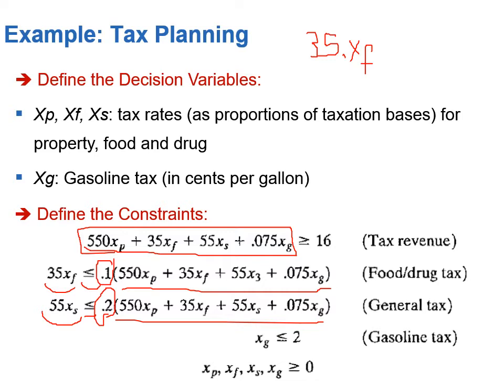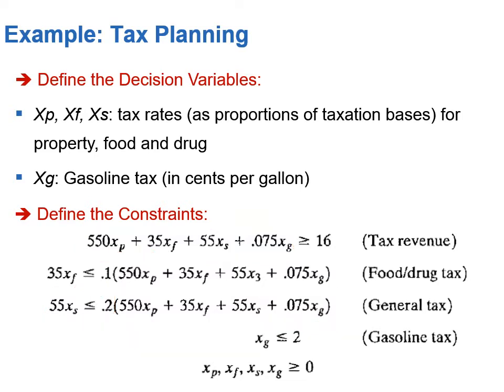Okay, so these are the three constraints. The fourth constraint says that for gasoline, the tax that we are collecting per gallon must be at most 2 cents.